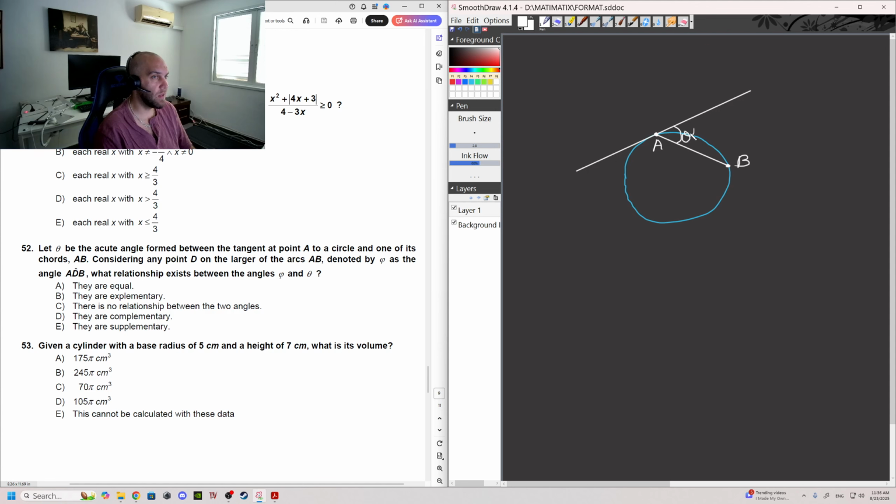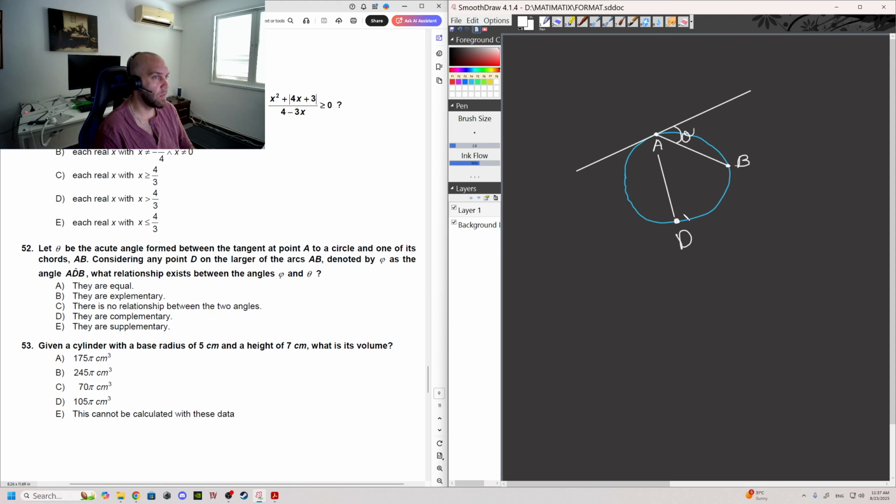and then this is theta, and considering any point D on the larger of the arcs AB, look, this is arc AB, the small one. This is the large one. Considering any point D on the larger arc, let's say this is D, the angle denoted by phi.